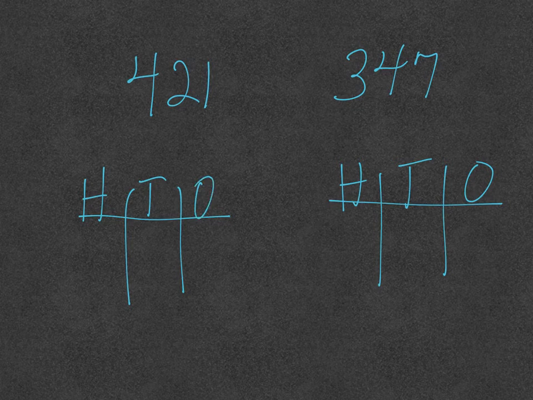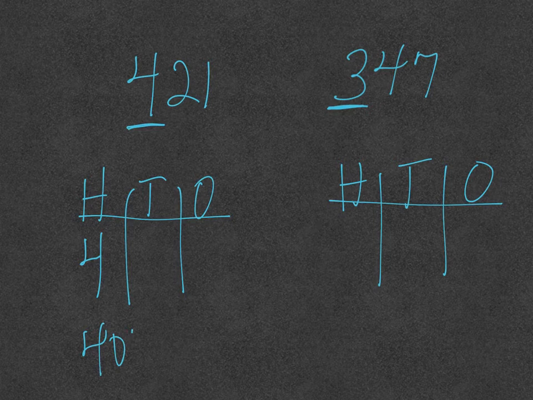So I've put two place value charts down below. And so we're going to look at the hundreds place first in both of these numbers. The number 421 has a value in the hundreds place of 4. So that is equal to 400.